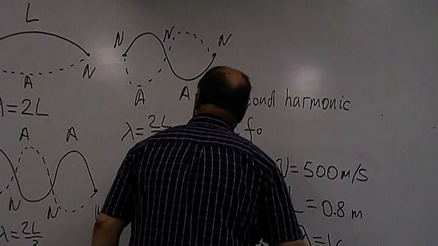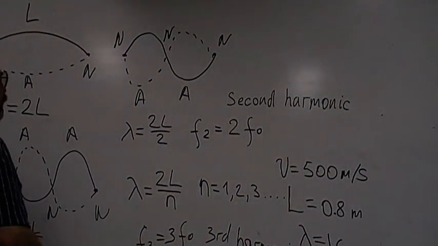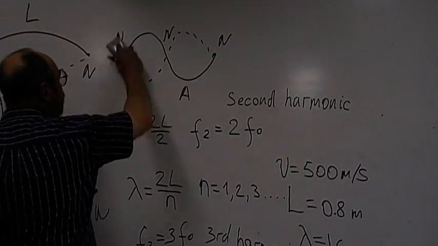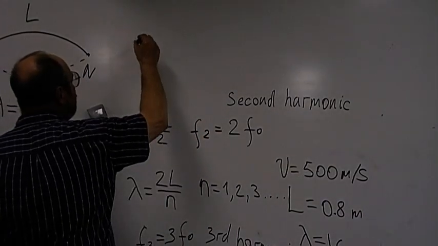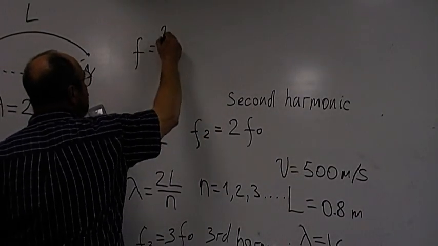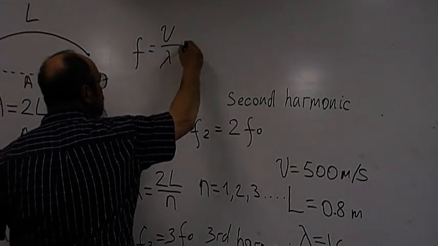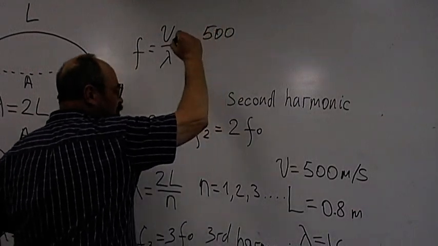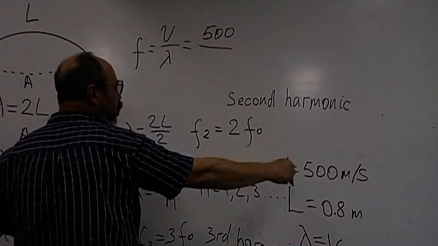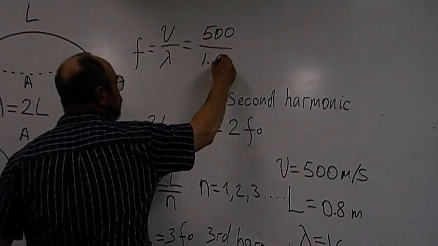Now, how can we find the frequency? Frequency equals speed over wavelength, so 500 divided by 1.6.